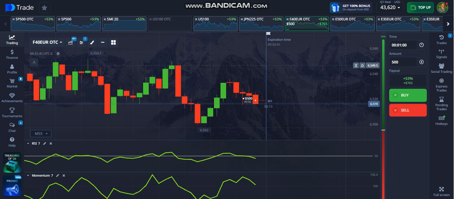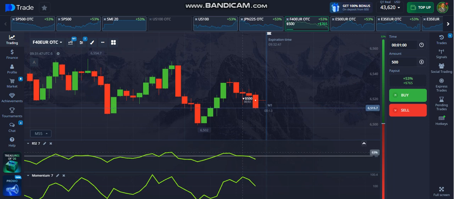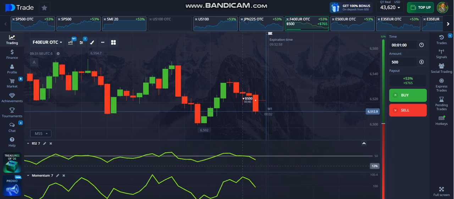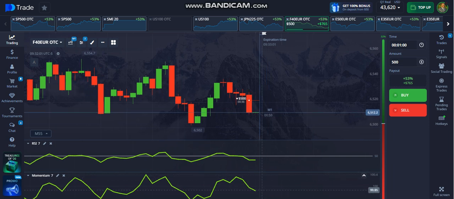Okay, so I'm on the Financial 40 Euro stock index here, and I just took a sell trade. The reason why I took the sell trade here is if you see the RSI line, it was hugging the 50 line, but then it actually broke below the 50 line here, and that's why I took the trade. In addition to that, the momentum indicator is showing also a downward sloping direction.